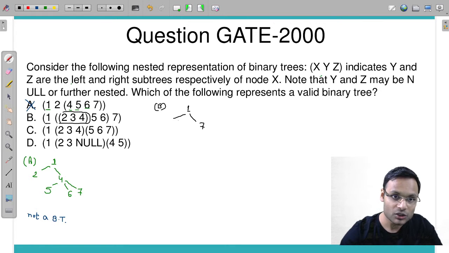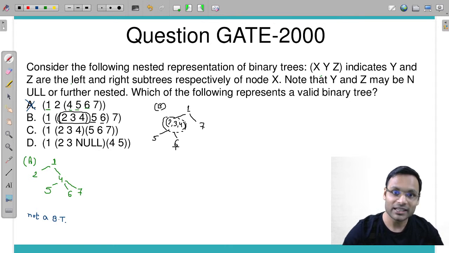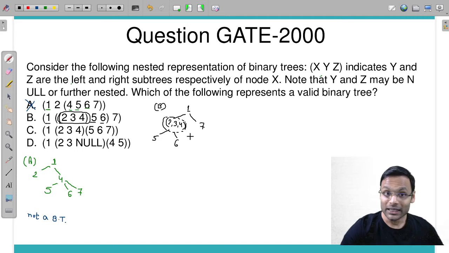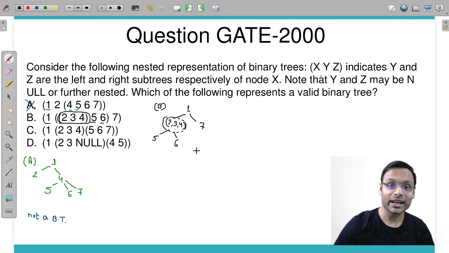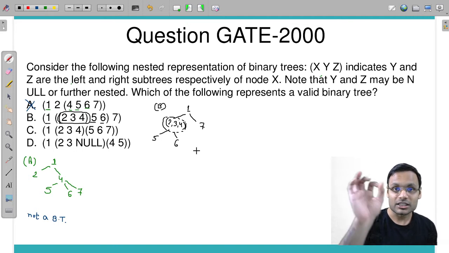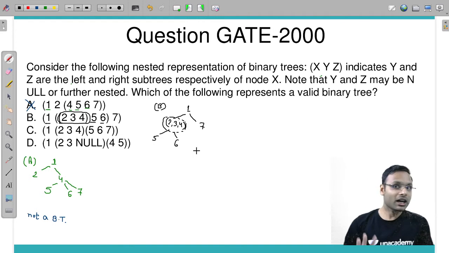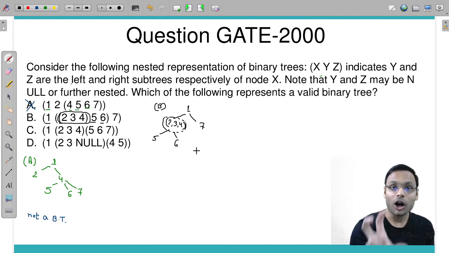This is root, and its left child is 5, right child is 6, which means I should have 2, 3, 4 as some kind of root, and its left subtree is 5 and right subtree is 6. No, that's not correct. A subtree cannot be root.